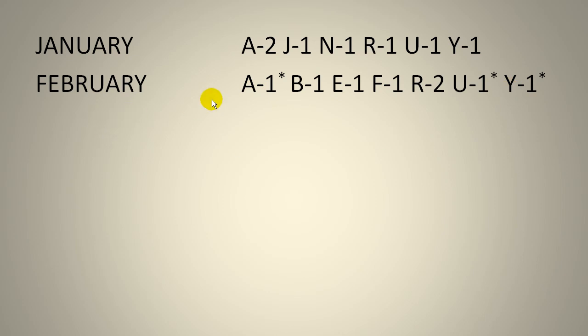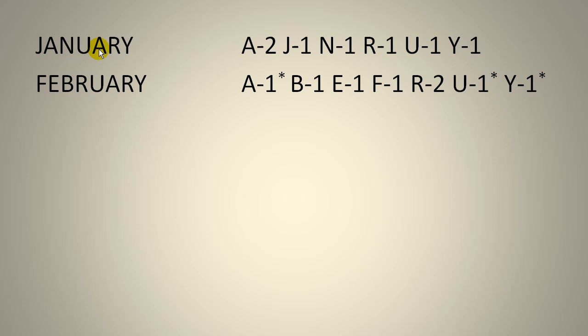If you look closely though, when you look at this A, you might be tempted to count them and say, well, 1, 2, 3 so far, but really we're only going to display 1 month at a time. So I have an asterisk here next to the 1 on February, because we already have 2 for January. So we don't need to buy another A for the next month.